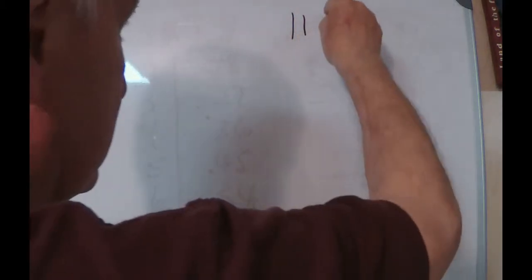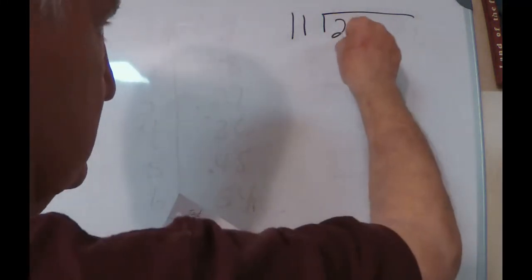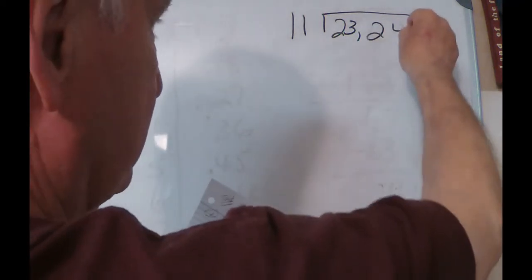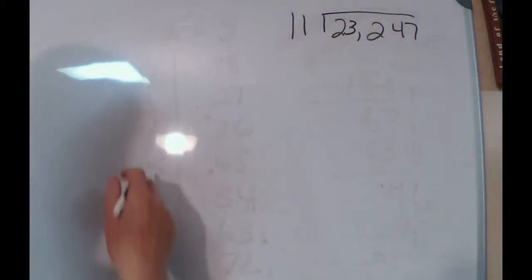So let's assume we have one now that's got a double digit divisor, which is going to be 11 divided into 23,247. And so the first thing I've asked them to do is to skip count 11 so we can figure this out.